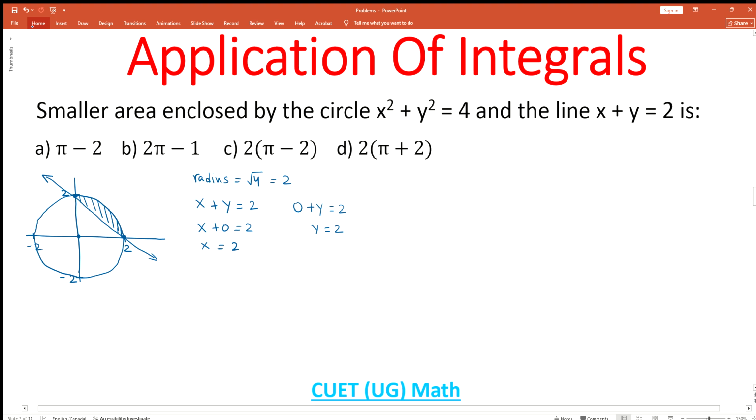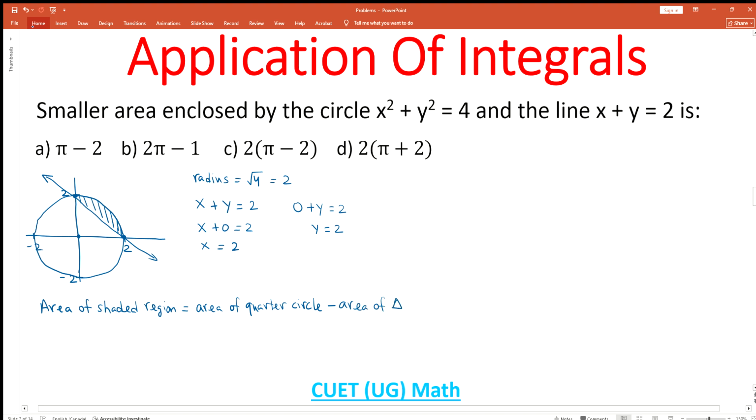As you can see in this graph, the area of shaded region is equal to the area of the quarter circle in quadrant 1 minus the area of the triangle.